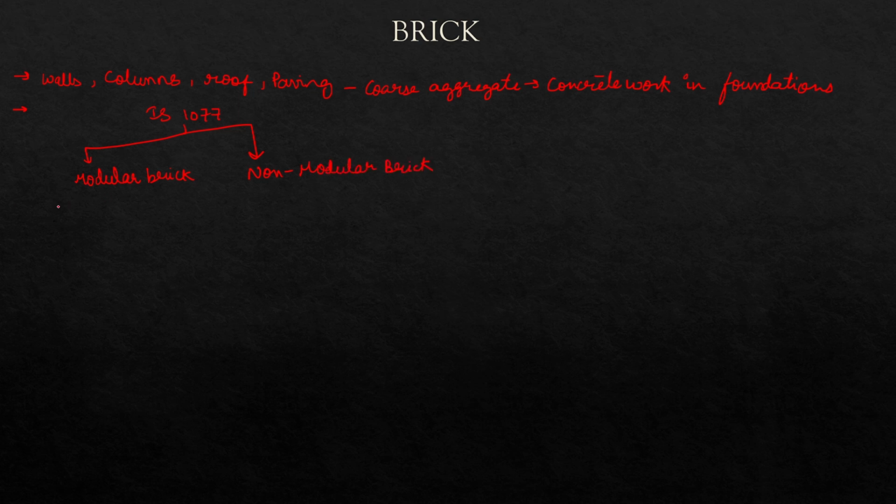Usually the modular bricks are standard sized bricks and they are denoted by M, and M means 100 mm. This is an important term. You have to remember, once a question was asked on this too.